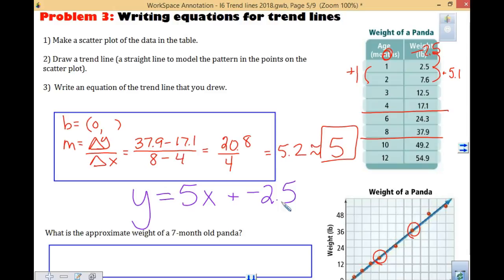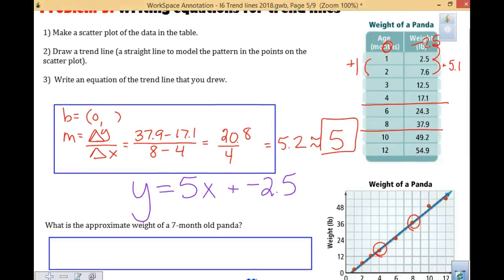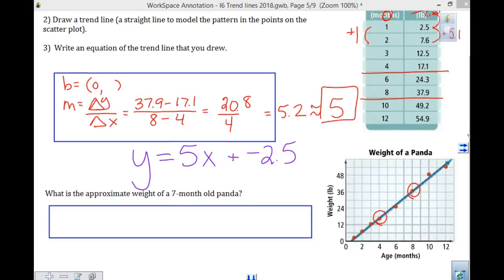Now, on the test for this unit, I'm going to ask you to approximate the weight of a 7-month-old panda. The age is in what, X or Y? Age is X. So what I'm really asking you to do here is to find, when X equals 7, what does Y equal? And on the test, I am going to tell you to use the equation.